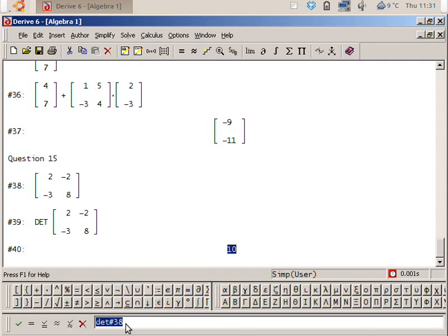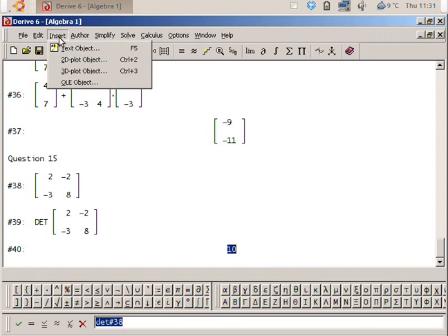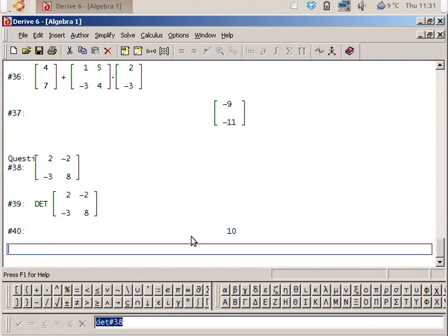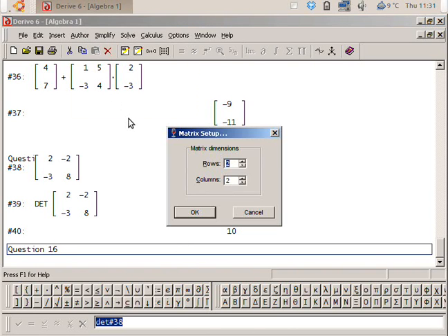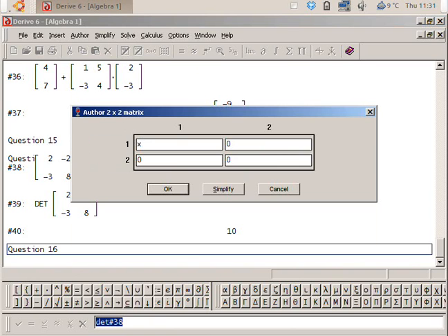Okay, 16 now. Let's see, another matrix one, author matrix 2 by 2, x, 2x, minus 4, 2x, x plus 3.